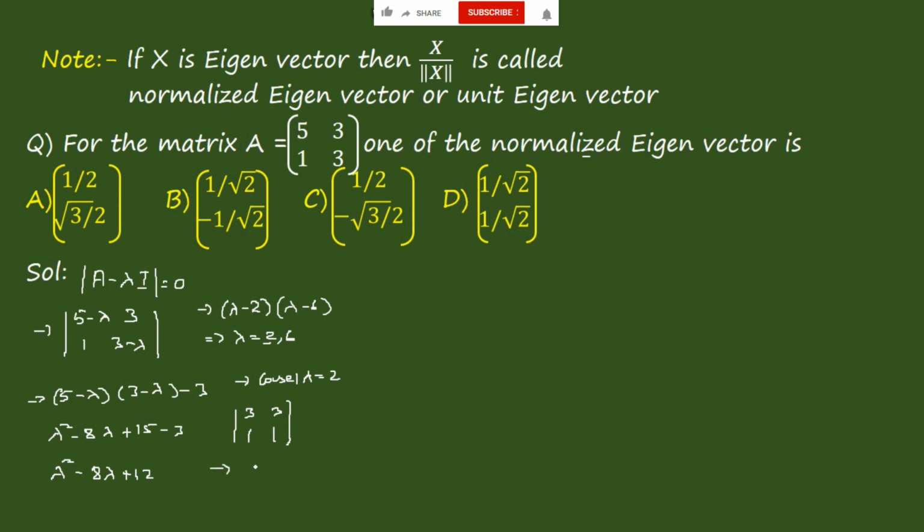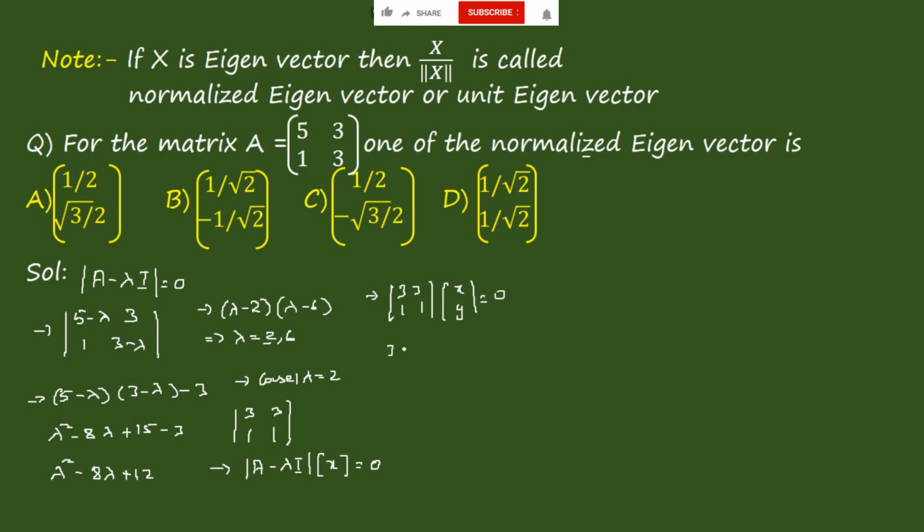The general thing we know for eigenvectors is that (A minus lambda I) times the X matrix is equal to 0. So just substitute it. We get 3, 3, 1, 1 with the X matrix, which is X and Y, equal to 0.